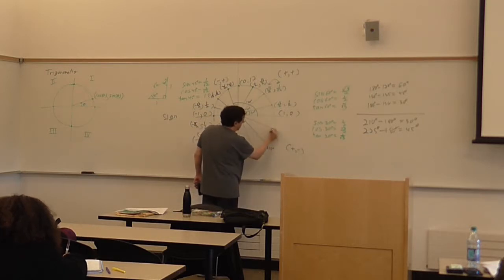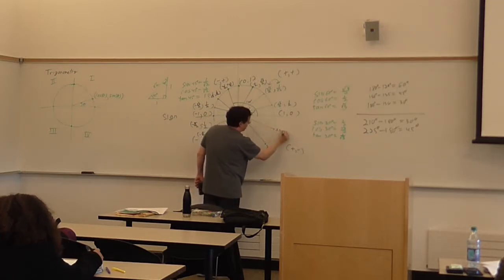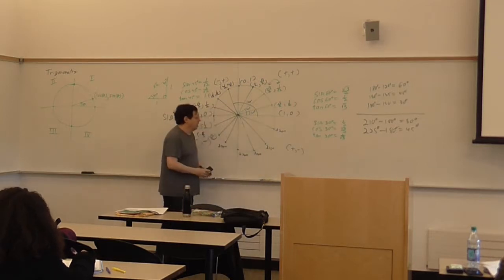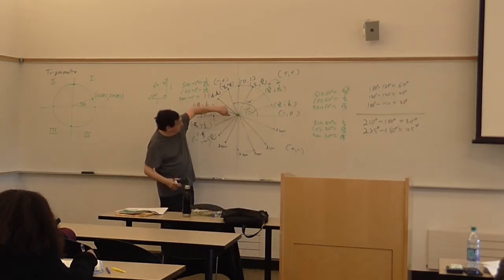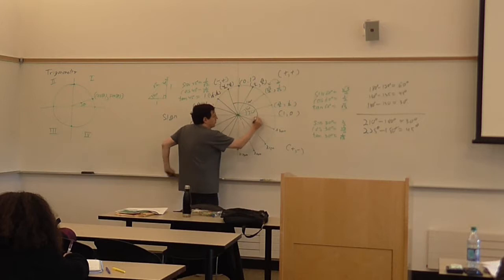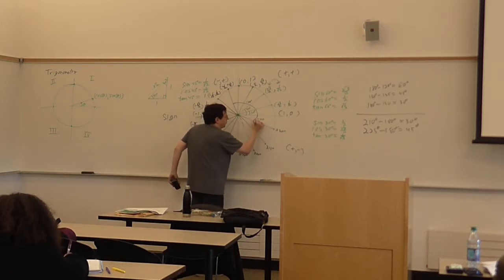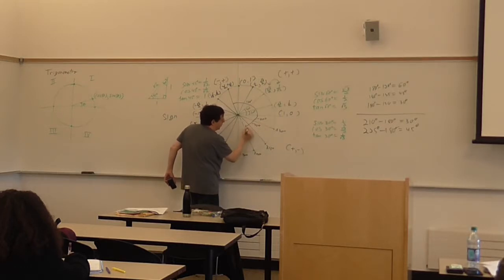And then finally 330 degrees. You can also get to these another way. This is minus 30 degrees, right? This is minus 45 degrees, minus 60 degrees, minus 90 degrees, right?